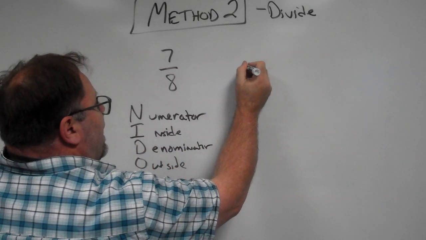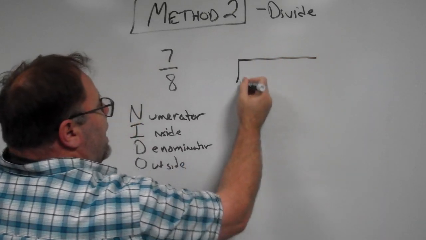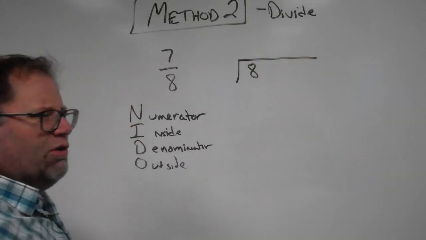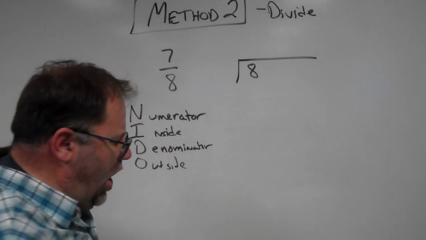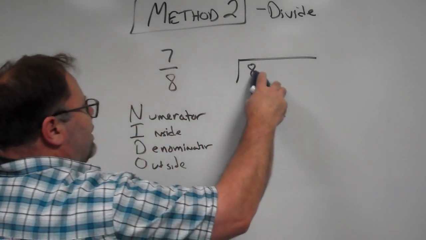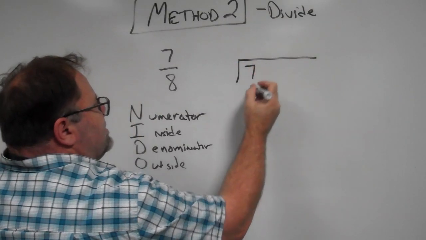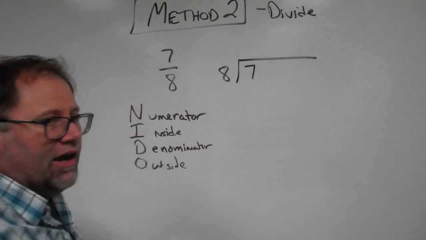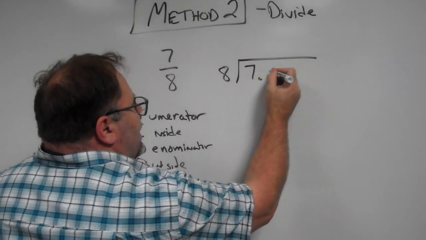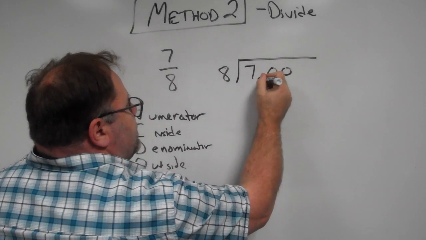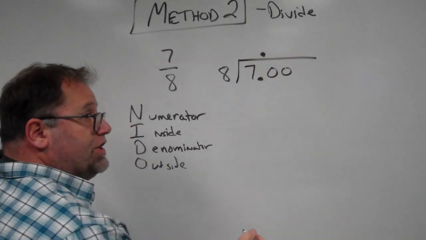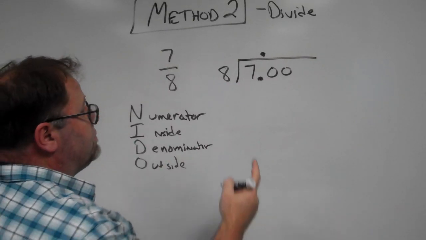So here's my division bracket. Is that where my 8 goes? Denominator outside? No. Silly me. We'll put the 7 on the inside and the 8 on the outside. And then we're just going to do the math. Put your decimal in your quotient. Remember quotient? We just talked about this yesterday.